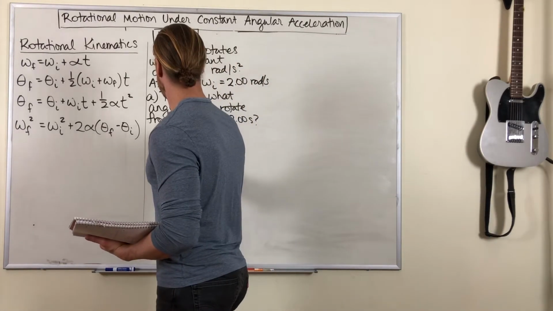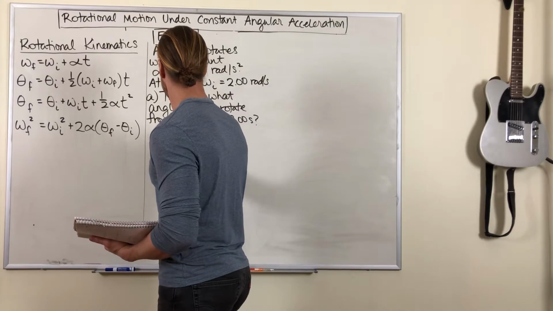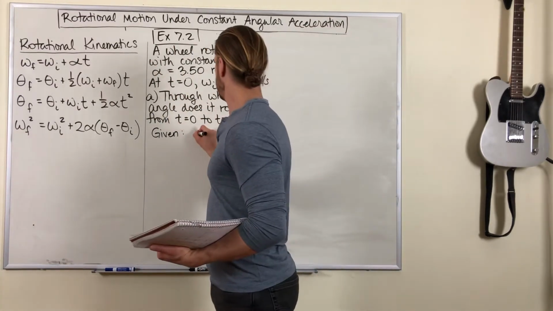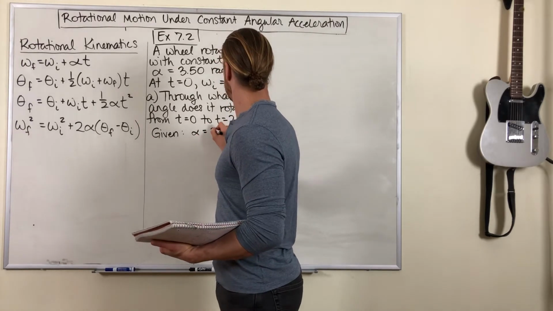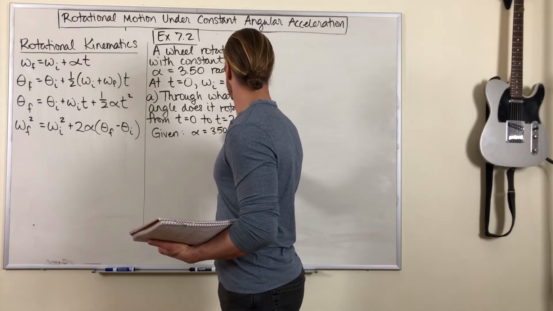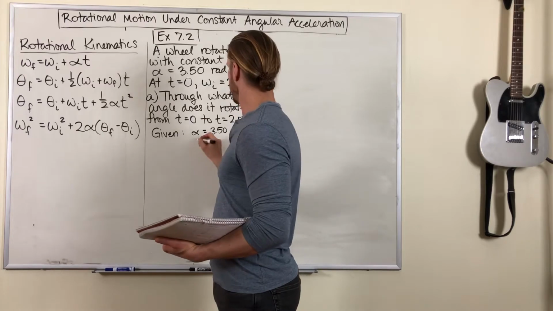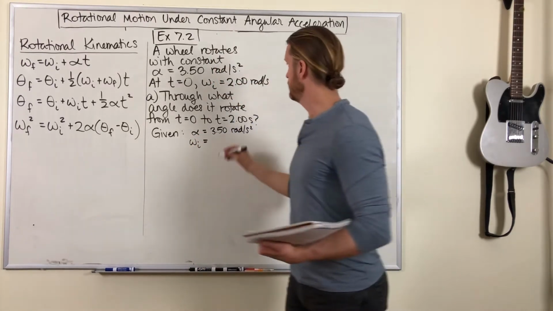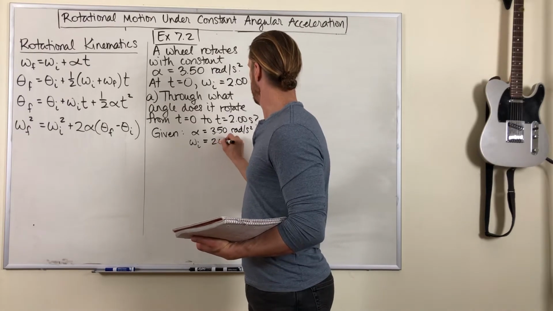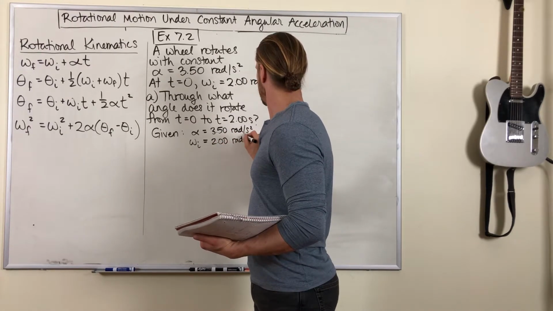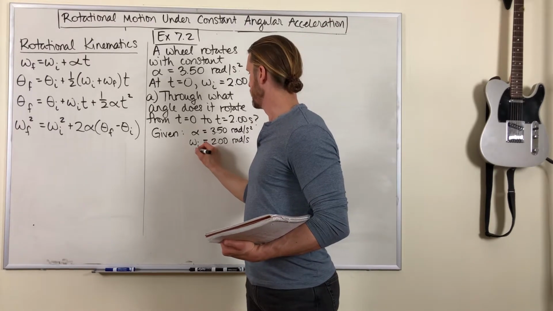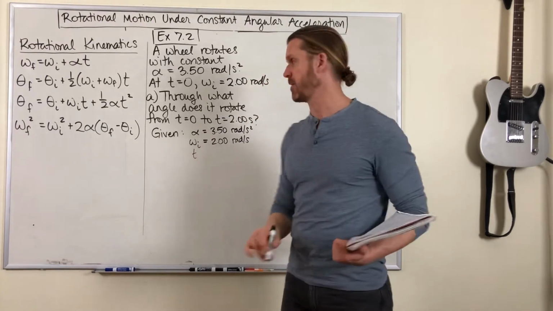So we'll use our familiar problem-solving method. We know alpha, 3.5 radians per second squared. We know omega initial, 2 radians per second. And we know the amount of time that's going to elapse.